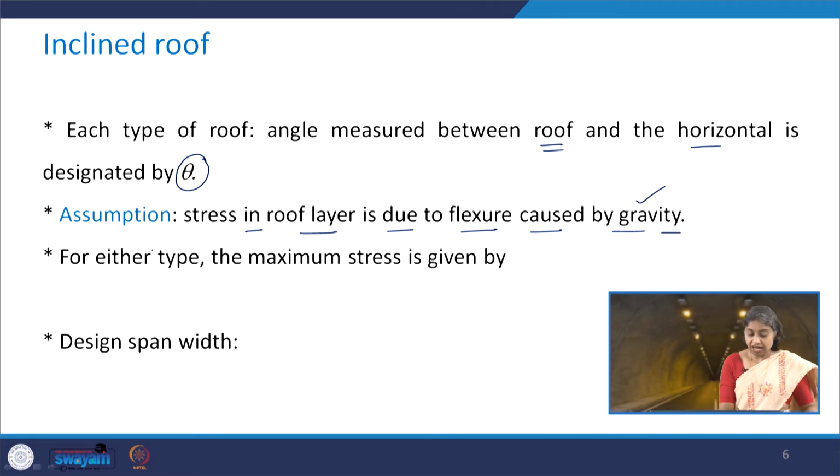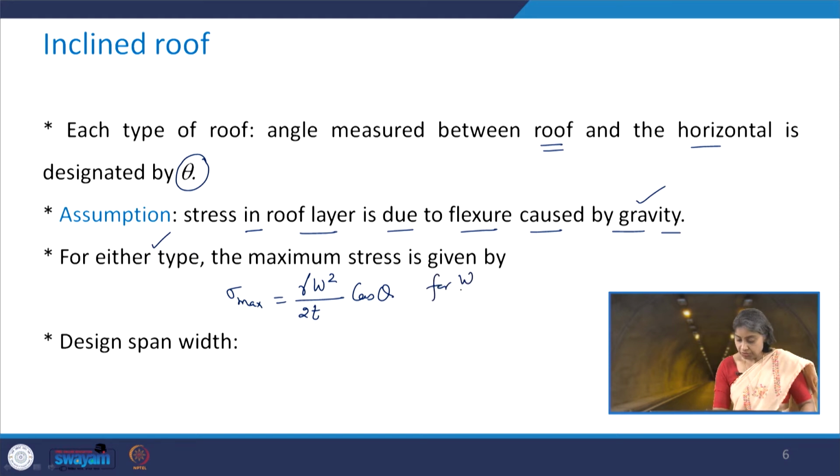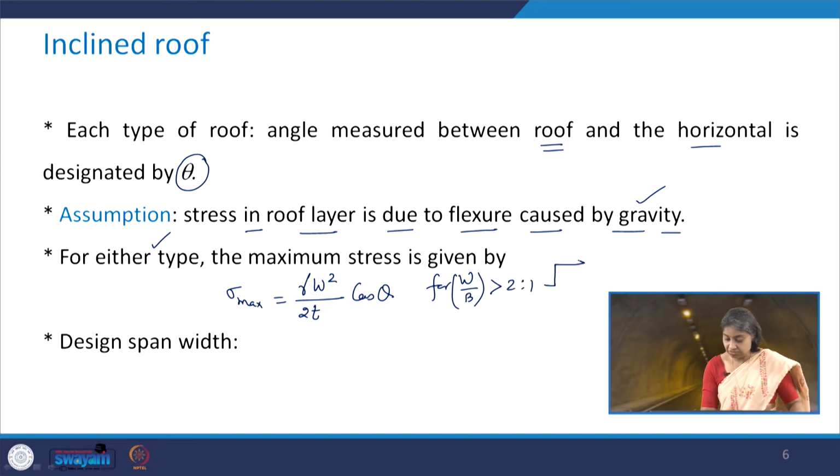For either type of situation, the maximum stress is given by sigma max equal to gamma W square by 2t cos theta. This is for W by B greater than 2:1, and since this is the situation, we are going to use beam theory.